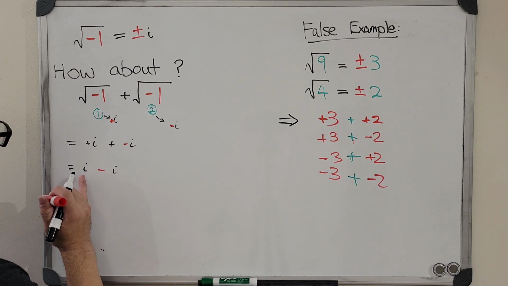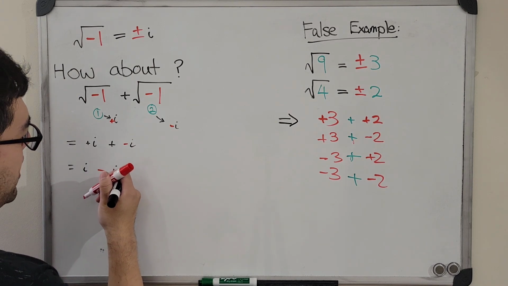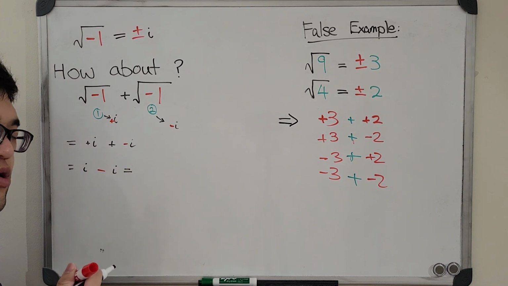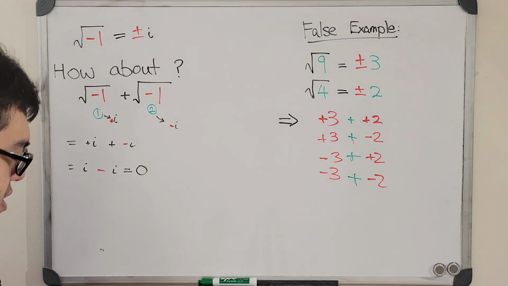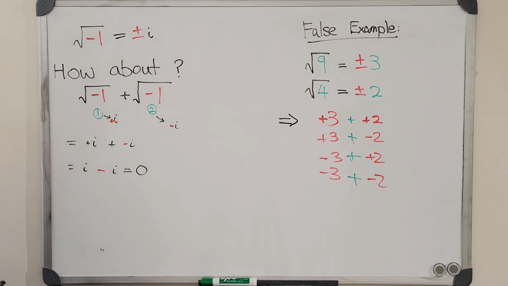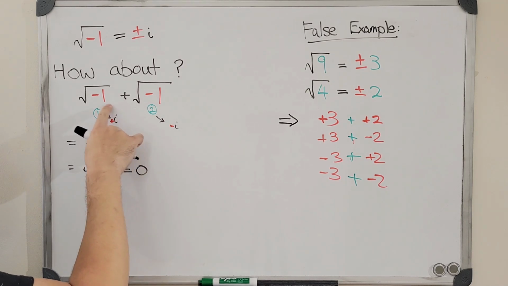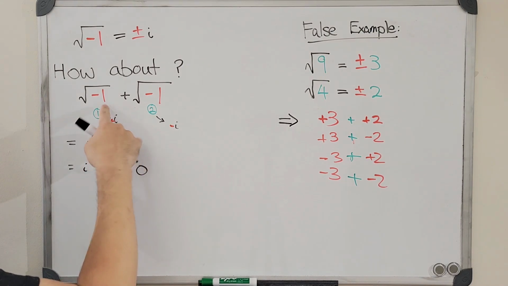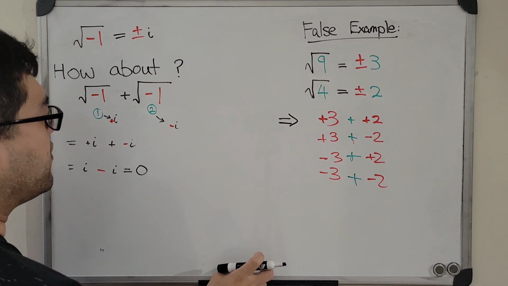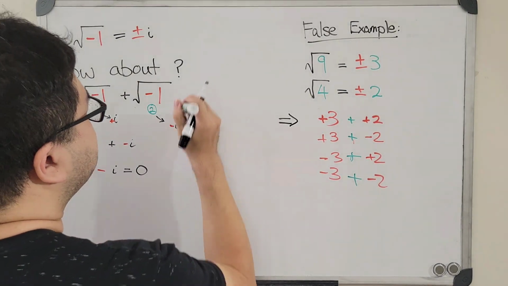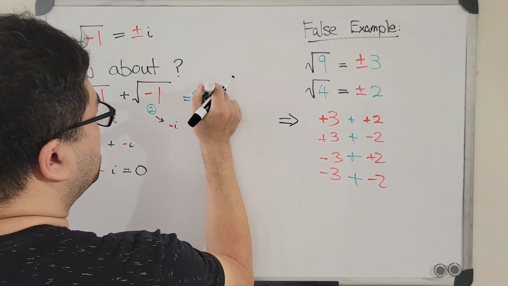Meaning that if we have i minus i, the 2 i's cancel out and we end up with just 0. But is it true? Well, remember, we just said that if we replace it with any other variable such as x, we end up with 2i, or 2x.